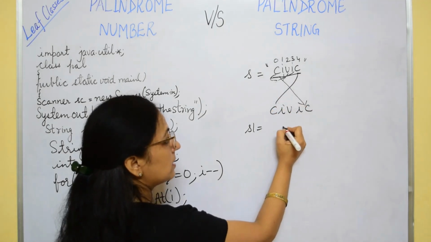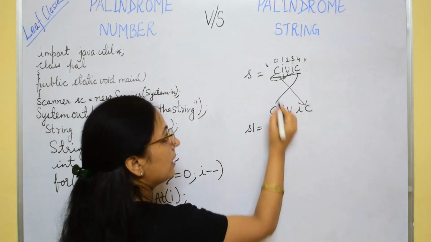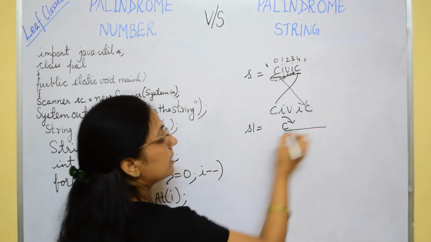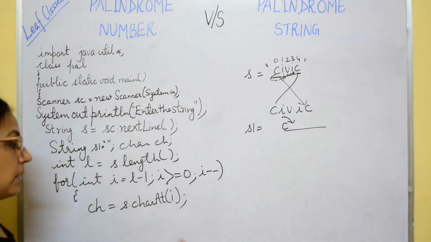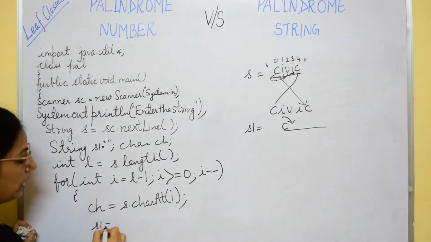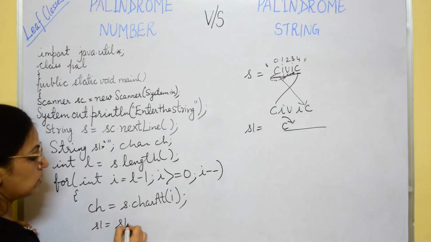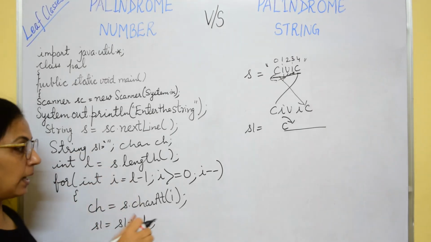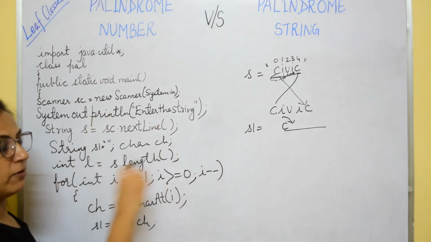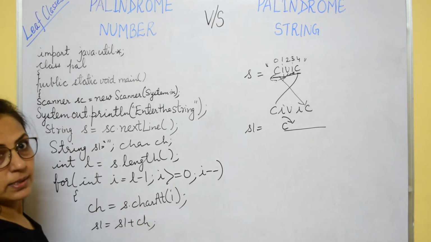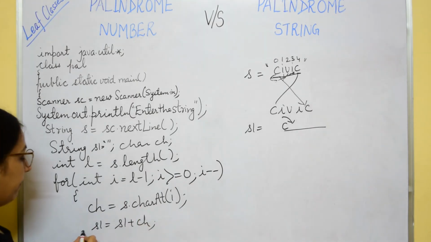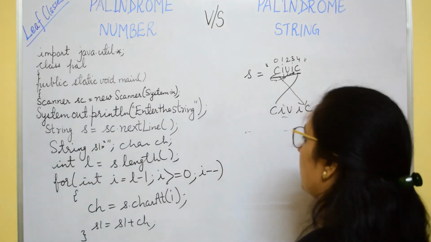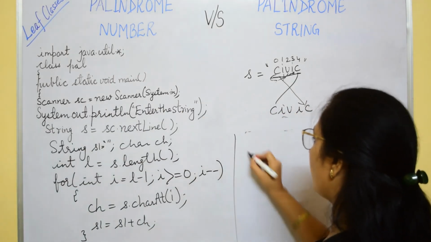Extracting the last character C, and then when you extract the next one, that has to be placed towards the right side. So we will be storing it: S1 equals S1 plus ch. We are extracting a character at a time from right to left, and we are placing it towards the right side only. Okay. So in S1 we will get the reverse string.